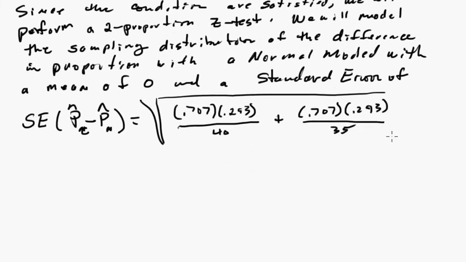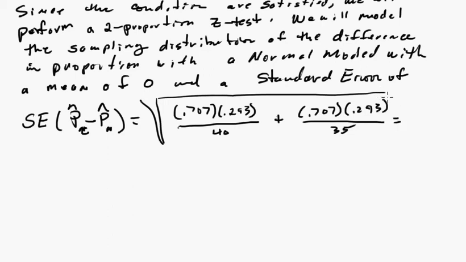So the square root of this entire thing, and you should be able to do this on your calculator. Don't use parentheses. Just say square root of 0.707 times 0.293 divided by 40 plus 0.707 times 0.293 divided by 35, close parentheses, and then just hit enter.